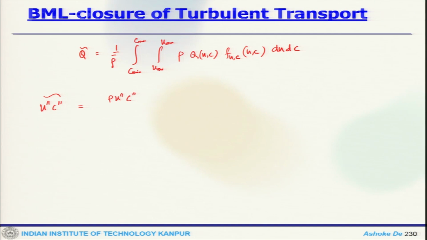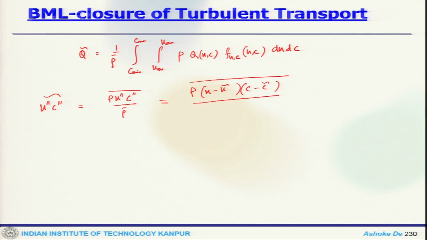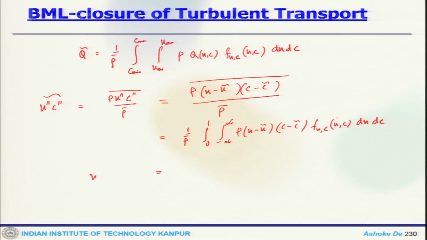rho U double prime C double prime bar by rho bar, which is rho (U minus U bar)(C minus C bar) divided by rho bar, which is 1 by rho bar, integral from 0 to 1 and minus infinity to infinity, rho (U minus U bar)(C minus C bar) FUC(U, C) dU dC, which will get you finally C bar (1 minus C bar)(U_B minus U_U).